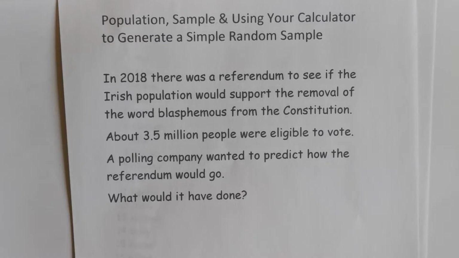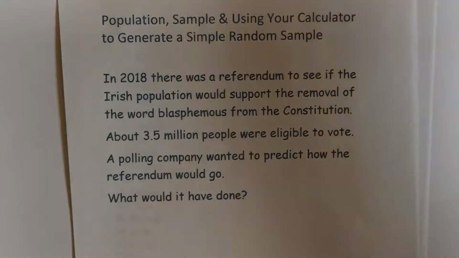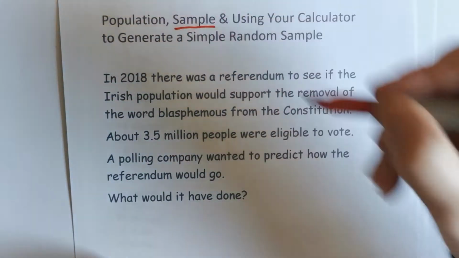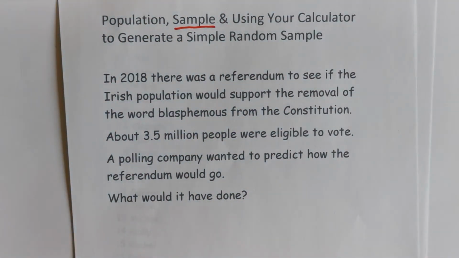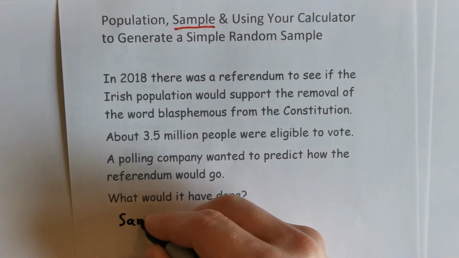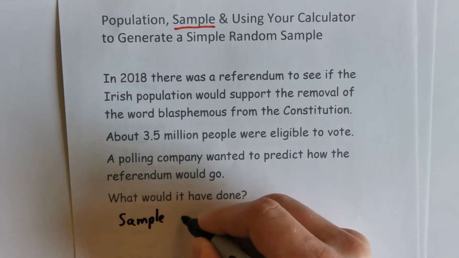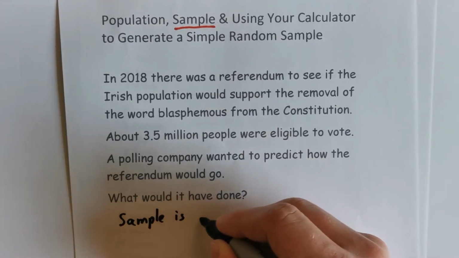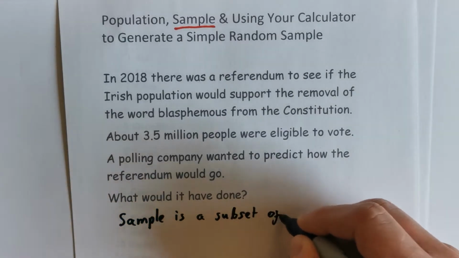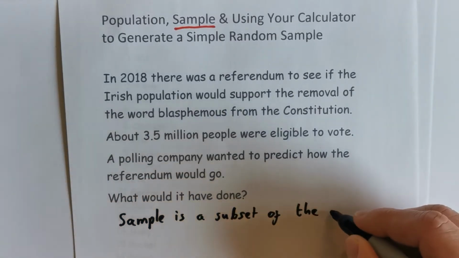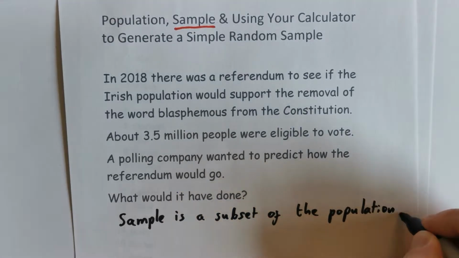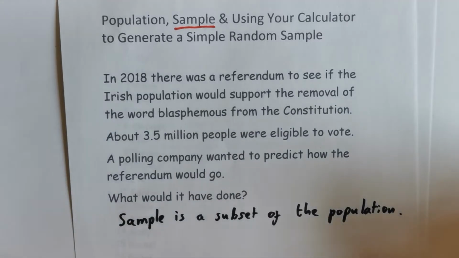So what the polling company will do is it takes what is called a sample. Okay, it takes a sample. And one thing, I will write this one down. A sample is just a subset of the population. So that's what a sample is. It's a subset of the population.